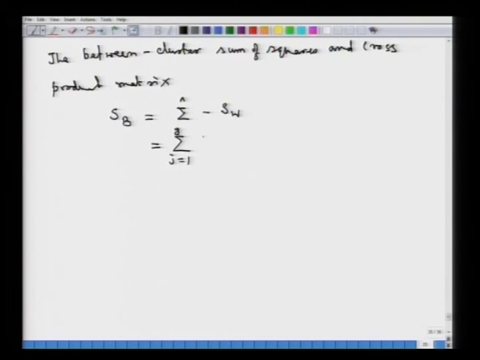This is going to be the summation of n j divided by n, times m j minus m into m j minus m transpose, where m is the grand mean.